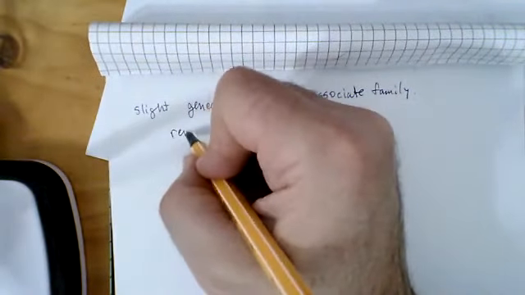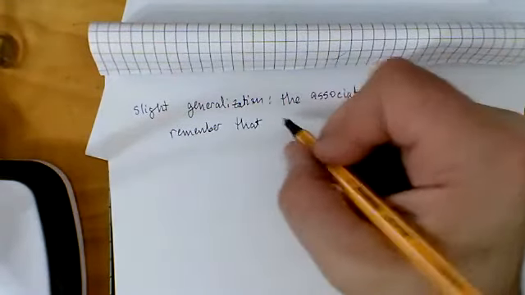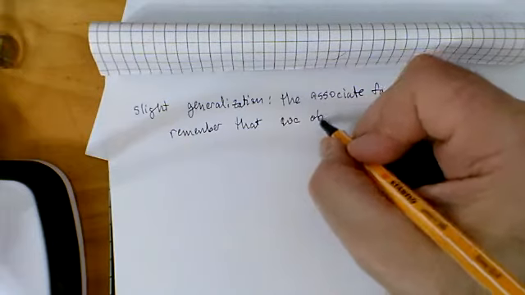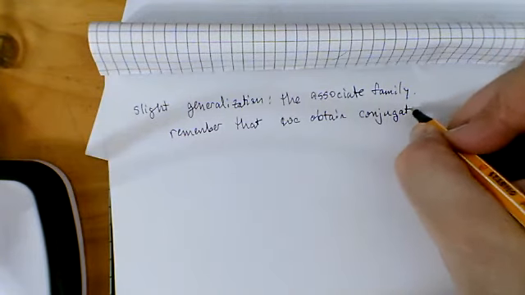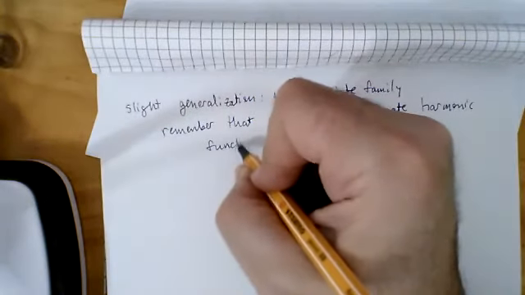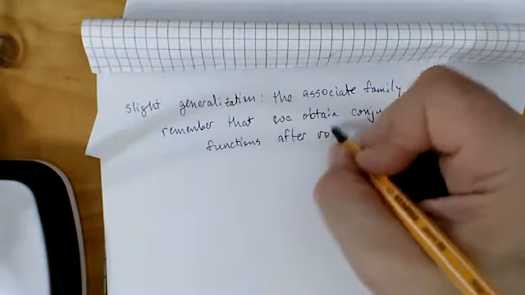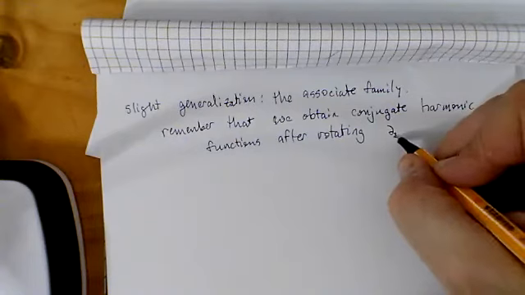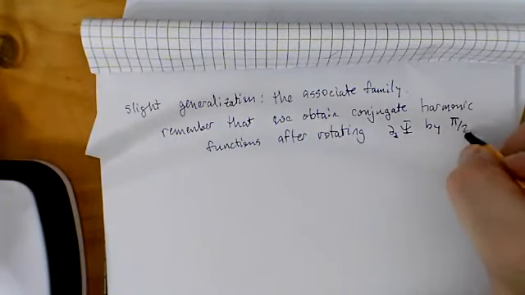So I want you to remember that the conjugate harmonic functions, we obtain conjugate harmonic functions after rotating the derivative of psi by an angle of pi over 2.